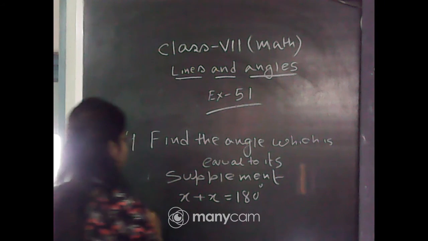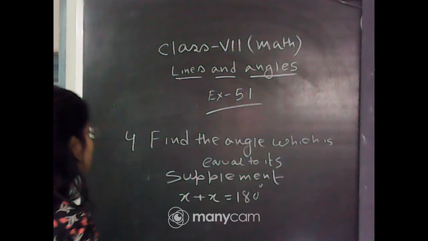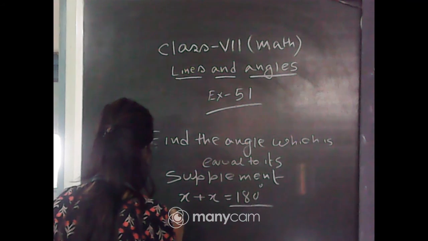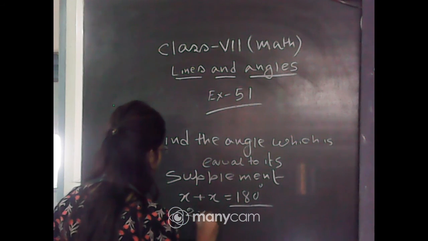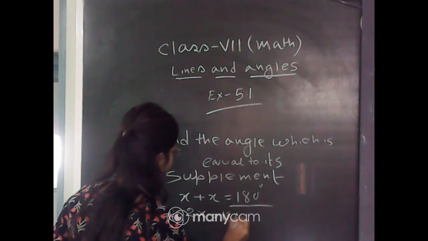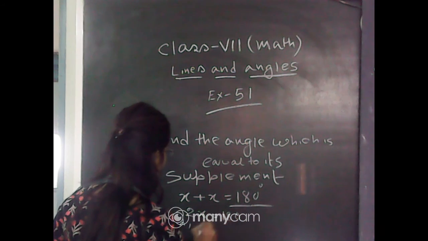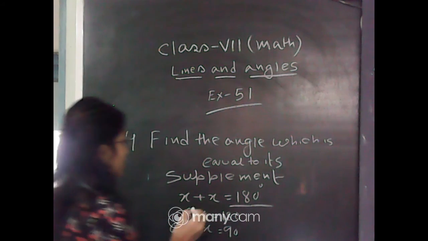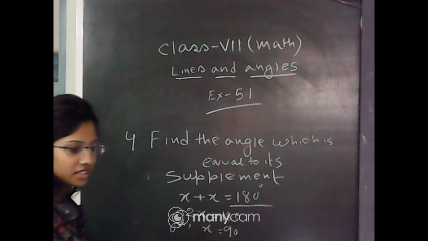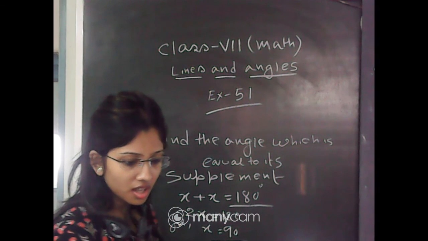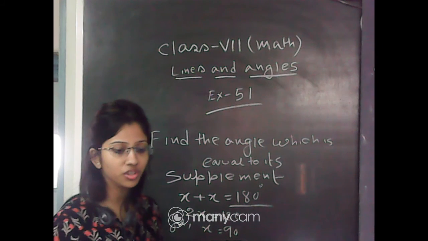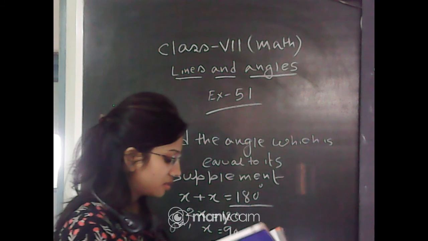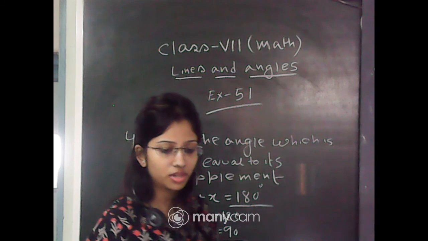Since we know that the sum of the measures of two supplementary angles is 180 degree, therefore 2x is equal to 180, or x is equal to 90 degree. Therefore, the required angle is 90 degree. Yes, 90 degree is the angle which is equal to its supplement. Okay.